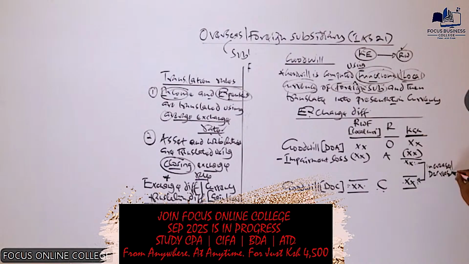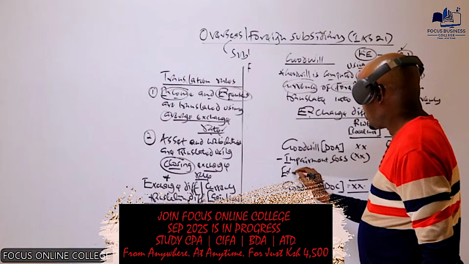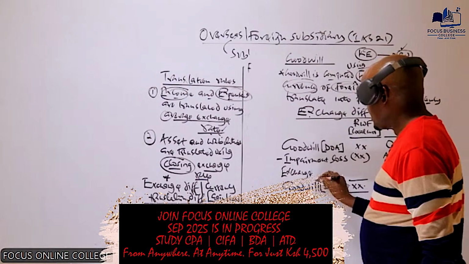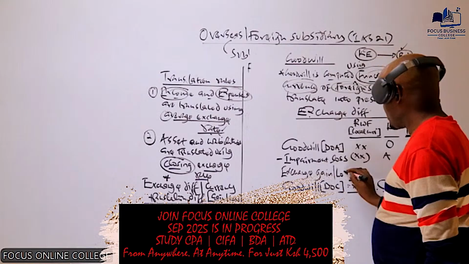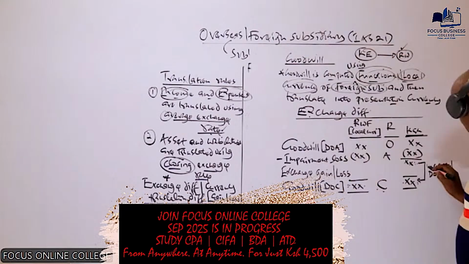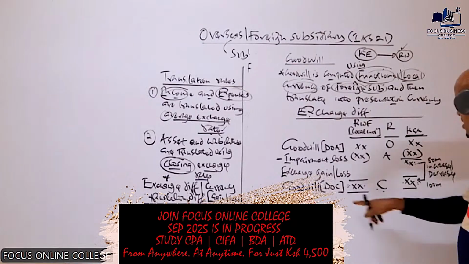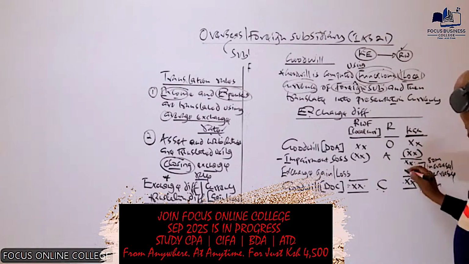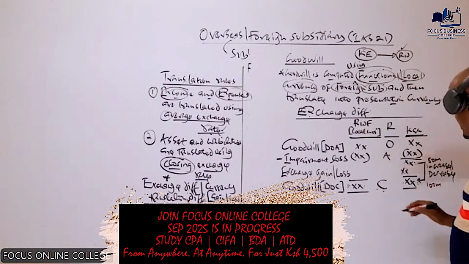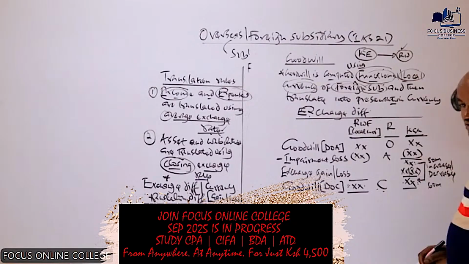That increase or decrease is what you refer to as the exchange difference, and it can either be an exchange gain or an exchange loss. If, for example, we have 80 million here and 100 million there, we have an increase, and an increase is a gain. But if we have a decrease, like 80 million to 60 million, that is an exchange loss.